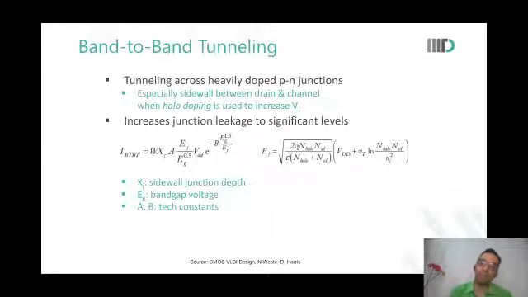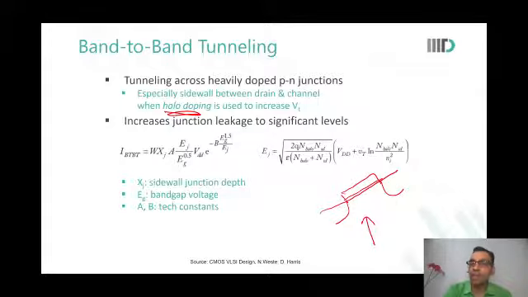Then we're talking about band-to-band tunneling. What is this? We're talking about halo doping and all those things over here. Let us say that I have applied reverse body bias on my body so that I reduce leakage. What happens?